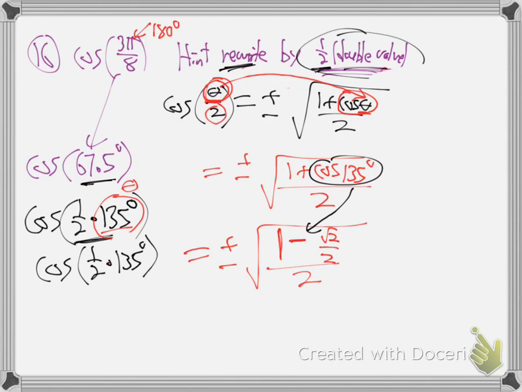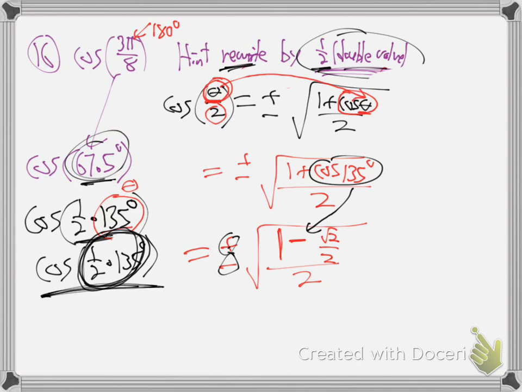Same thing. We good so far? Is it plus or minus? Well, think with me. What angle are we really taking the cosine of? This whole angle is being put into the cosine machine, isn't it? That's what we're really taking the cosine of. Are you tracking with me? What is that? Well, 67.5.